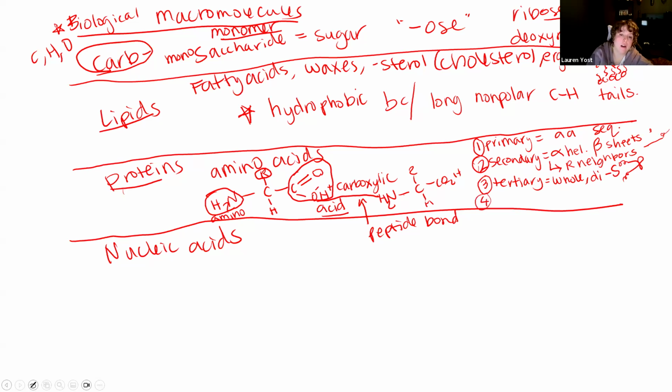The quaternary is taking multiple ribbons or multiple polypeptides, however you want to look at it, okay? It's like taking one bow, which I'm never going to be able to draw, but it's taking multiple bows and putting them on your package. So there's that. All right.